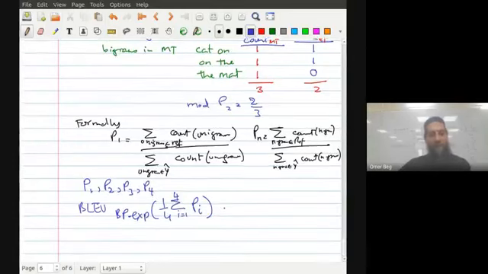Because you see, the way BLEU score has been calculated is that if the translation is small, then it gets a high BLEU score. So that's why this brevity penalty is applied. Okay? If the translation is too small, we are going to apply a penalty to it. And the way this brevity penalty is calculated is such that it is 1.0 if machine translation length is greater than the reference length.